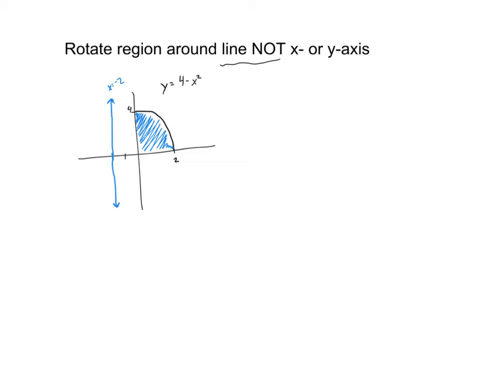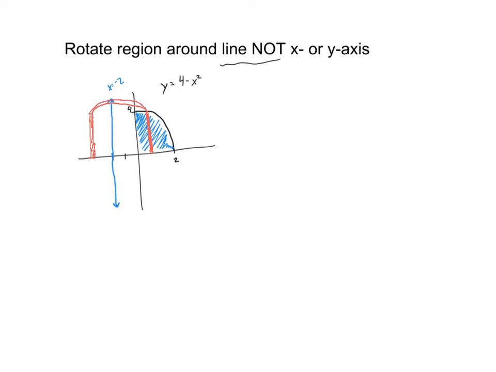So next I want to draw my rectangular cross section, my slice that I take out of that region, my dx. And if I'm spinning that vertical slice around that vertical line, I'm creating a shell. Hopefully, we've done a couple of examples now. You can kind of see how that's a shell there that has a thickness.